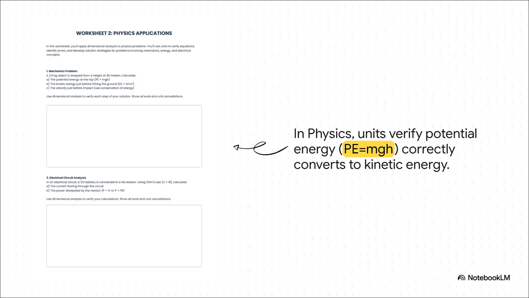For instance, in physics, you can use this to prove the law of conservation of energy. You can actually track the units for mass, gravity, and height in the potential energy formula and see that they combine to make joules. Then you can do the same thing for the kinetic energy formula and, what do you know, it also comes out to joules. The units prove that the physics works.